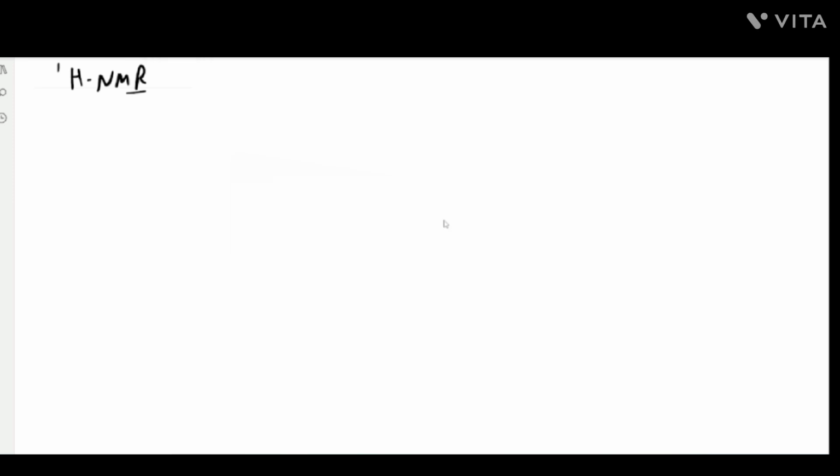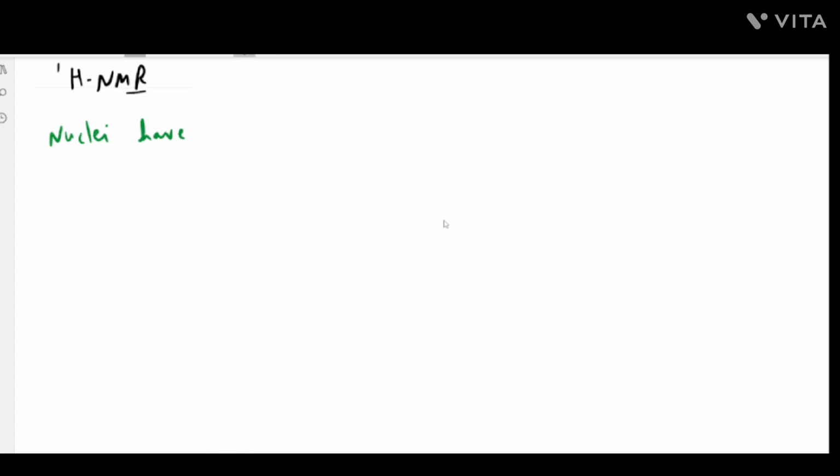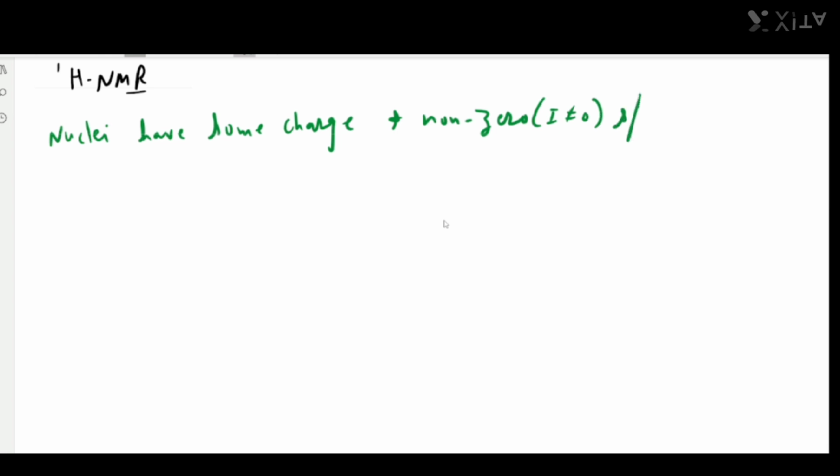Now let's start today's topic, that is proton NMR. First of all, you should know how to identify whether a molecule is NMR active or not. Nuclei have some charge and a non-zero spin number.